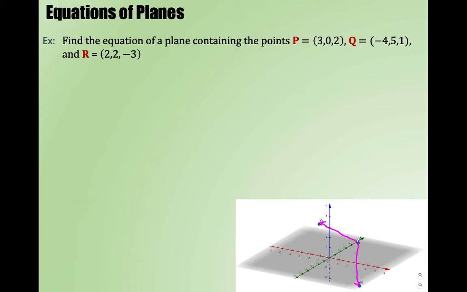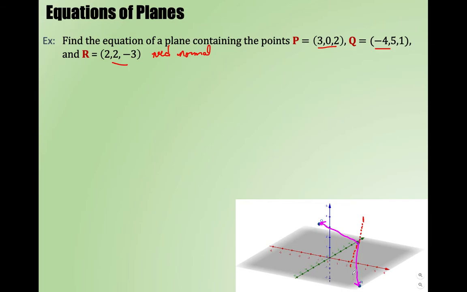So what do I need though? In order to write the equation of a plane, I need a point. Well, good, I got 3 of them. And what else do I need? I need the normal. So if I need the normal, right, what operation have you learned before that will get you the normal going through, let's say, point P?